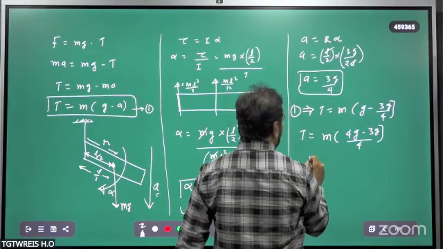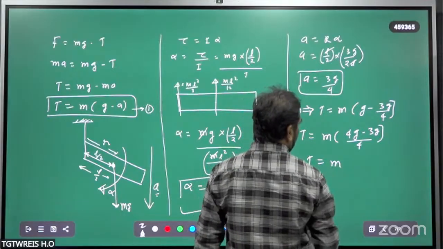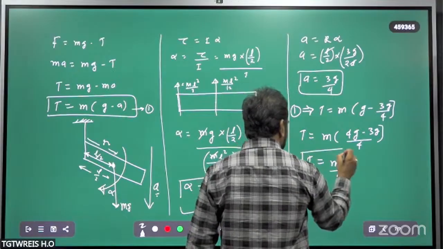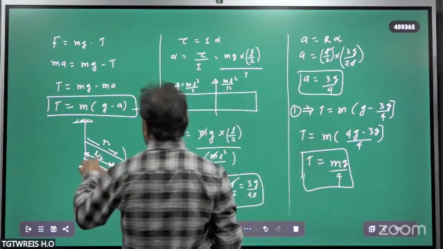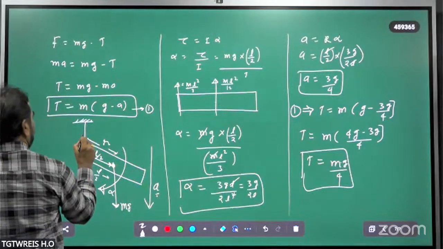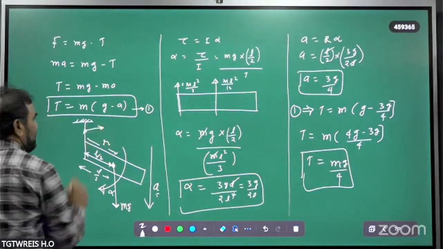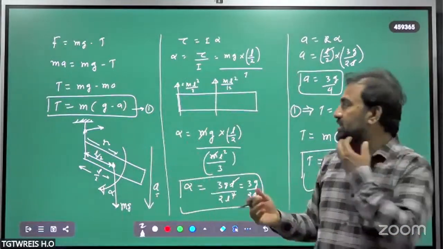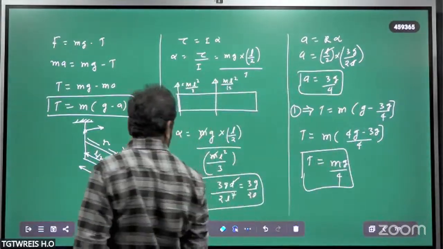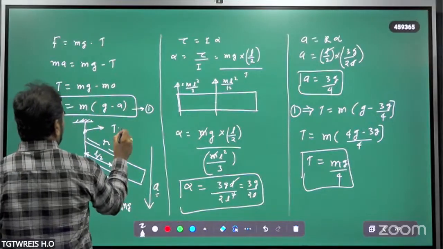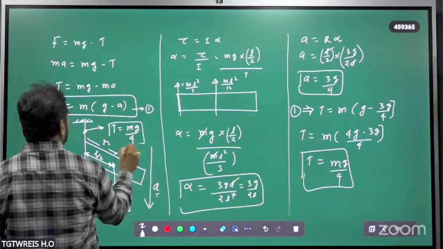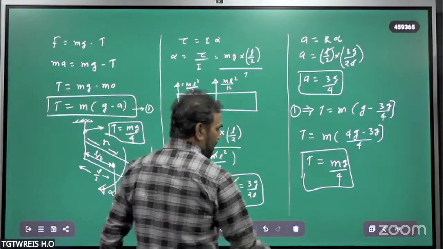That is, T is equal to M into g upon 4. So this much tension force will be developing in the string. Therefore, the tension force developed in the string immediately after cutting one string in the above case is T is equal to mg upon 4 newtons. Is it clear or not?